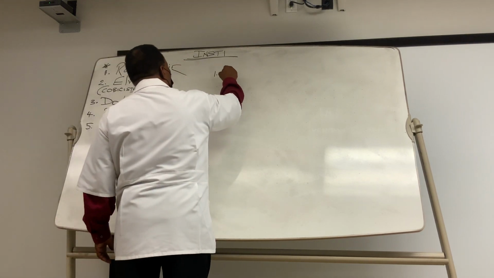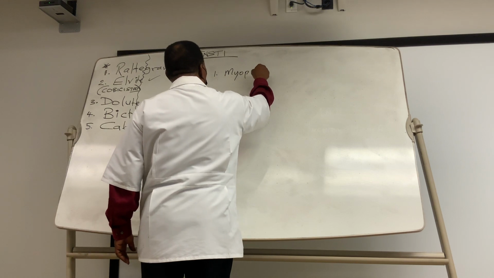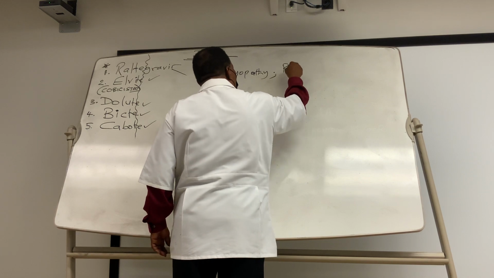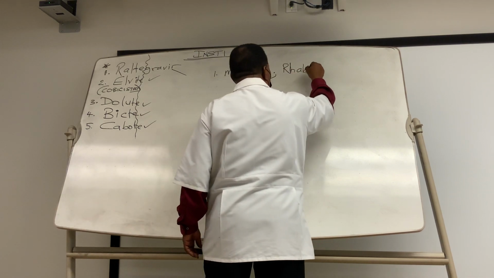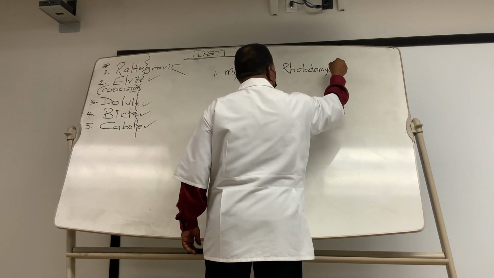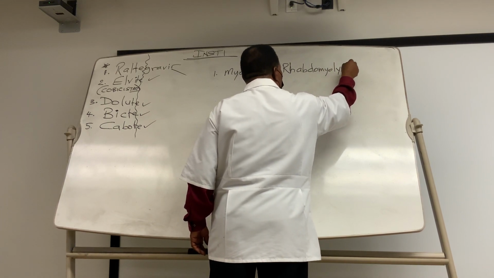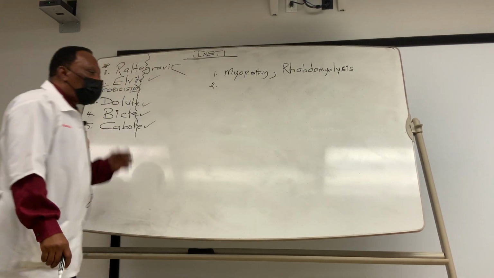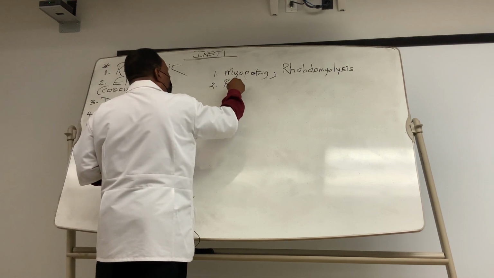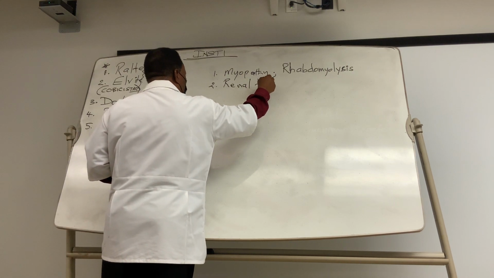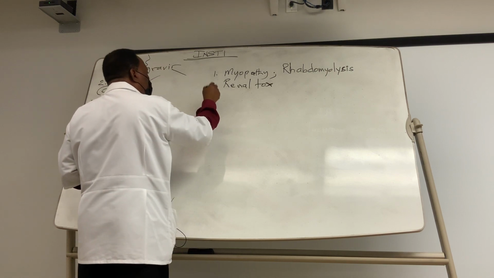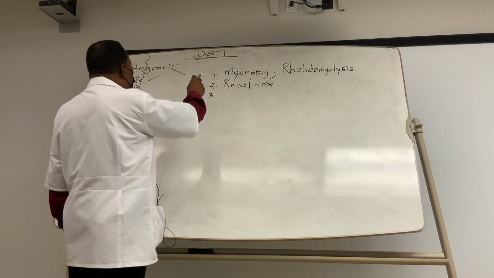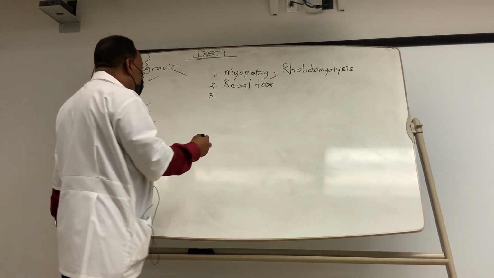So one, you can get myopathy, to include your rhabdomyolysis, which means it will interact with what? Statins. Okay. And two, it causes a lot of renal toxicity. So it's another major adverse effect of that drug.